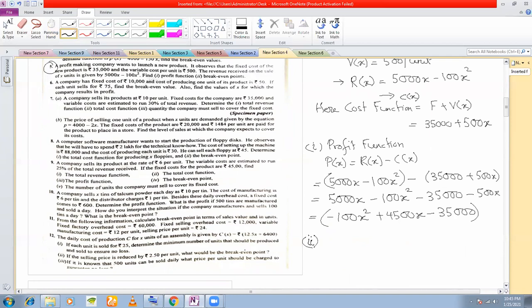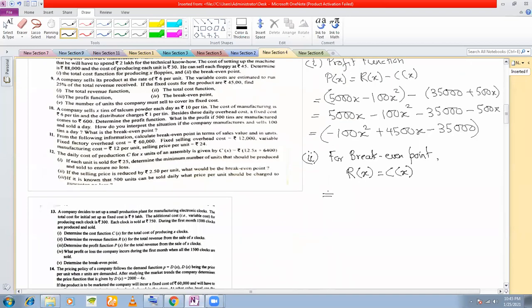Next, what we do here is we need to find out the break even point. For break even point, P of x is equal to 0. Let's say R of x is equal to C of x. Revenue function is equal to cost function. So that means revenue function is 5000x minus 100x square, and the cost function is 35,000 plus 500x.